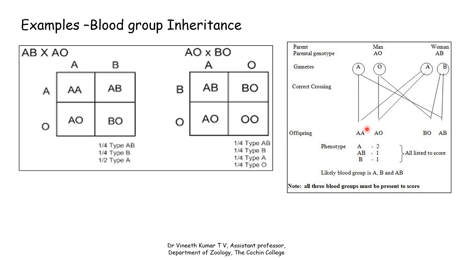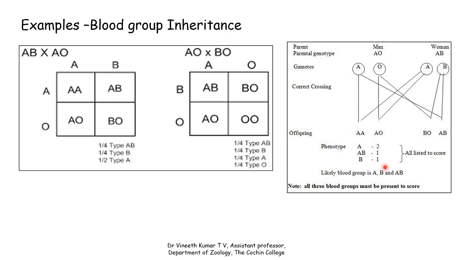So these are the three probable blood groups when there is a child for this particular couple. This is how you derive the inheritance pattern of the ABO blood group system.